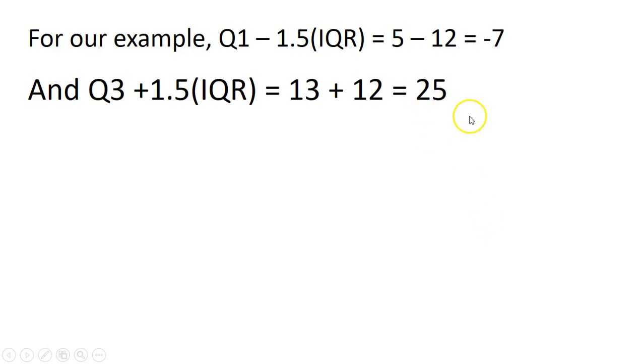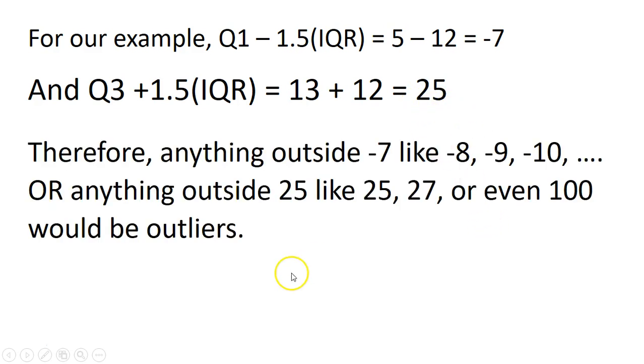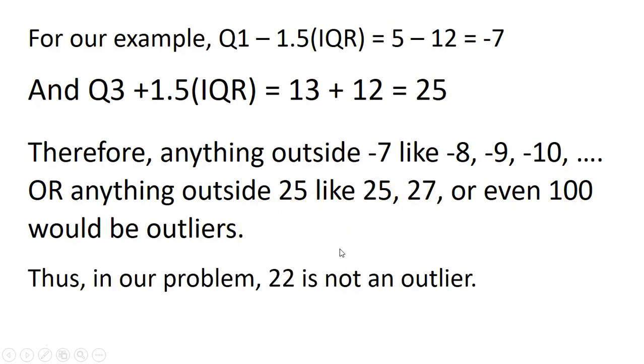Our highest value is 21, so we're okay. Therefore, anything below -7, like -8, -9, -10, or anything above 25, like 27 or 100, would be an outlier. In our problem, 22 is not an outlier, 21 is not an outlier, and anything above 25 would be.